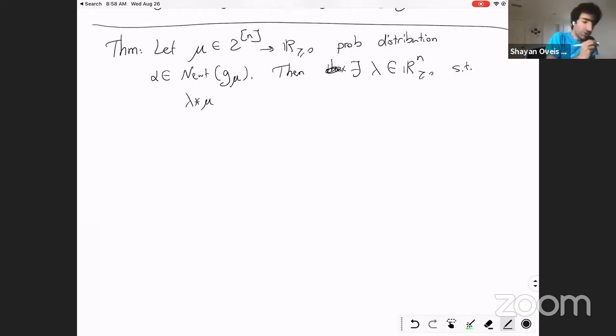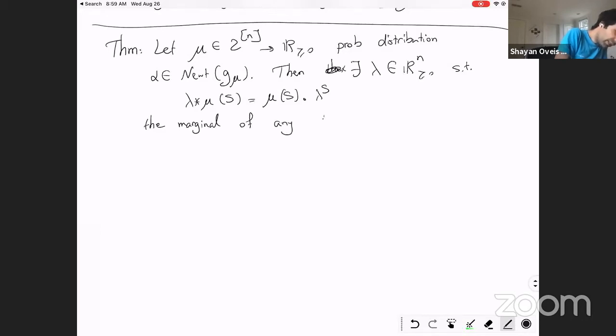In this distribution, the probability of every set S is equal to mu of S times lambda to the S. Okay, so that's the external field you apply to your polynomial or to your distribution. So in this distribution, the marginal of any i between 1 up to n is alpha. In other words, if you look at this lambda star mu, the probability of i is equal to alpha.